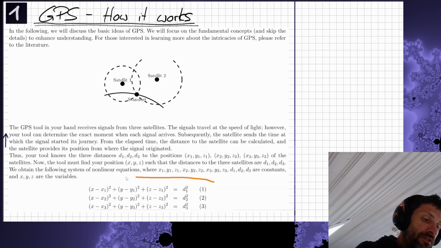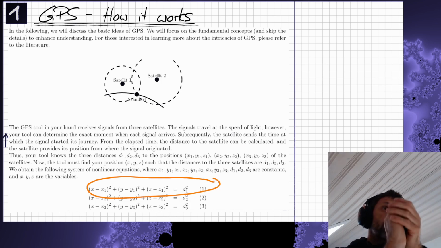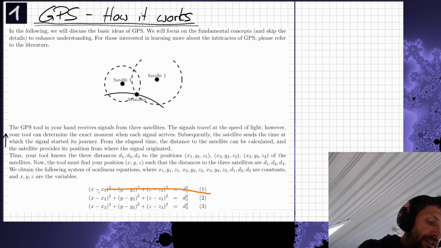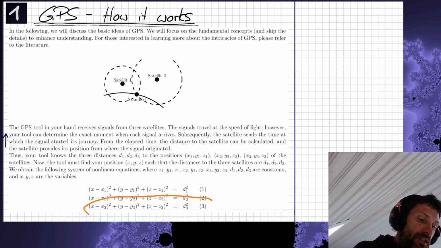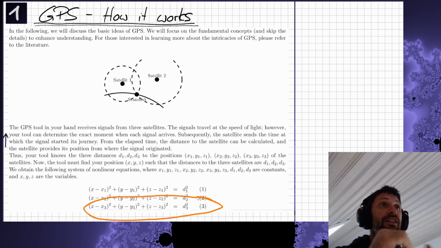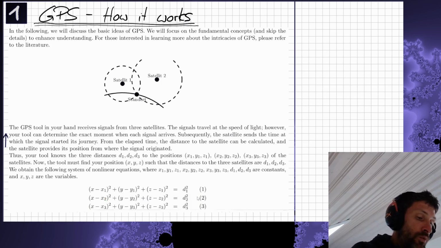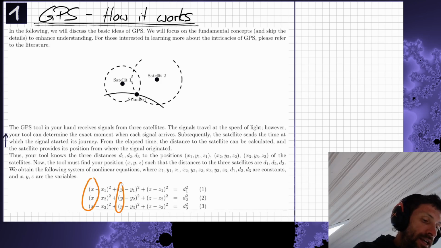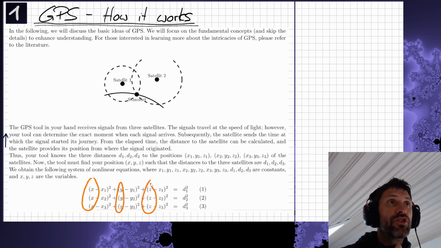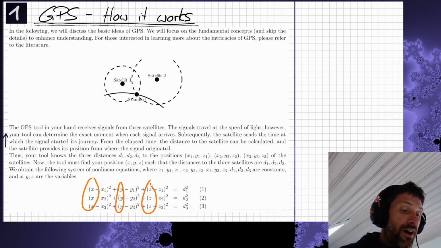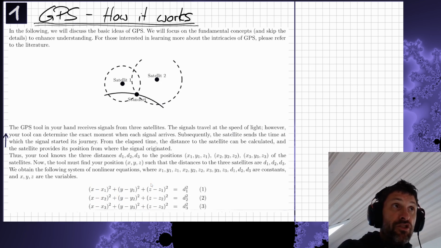So this is the equation for sphere number 1. This is the equation for sphere number 2. And this is the equation for sphere number 3. And what we need is the x, y, z satisfying all three equations. And there will be two solutions. One of them is our position and the other one is somewhere outside in space. So this is the story.